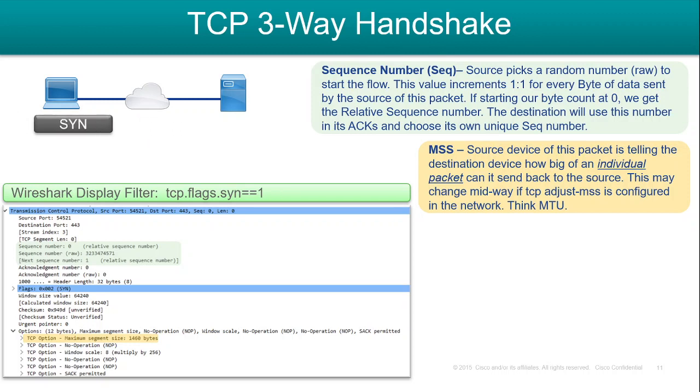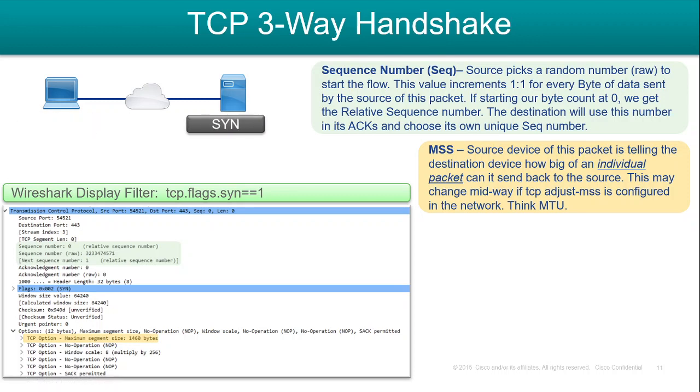You'll notice if you were to do a Wireshark capture on your PC when it's connected through VPN or through a wireless AP, this is a value which many Cisco switches and routers have the ability to modify on the fly in order to trick the endpoints. The MSS is actually lower than they originally thought, and that causes all of the subsequent individual packets to use that smaller value.